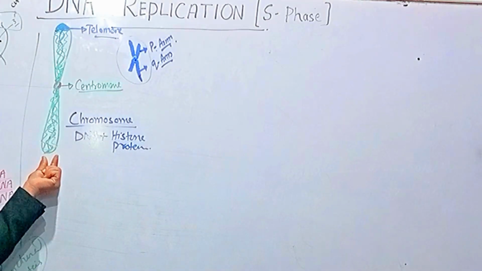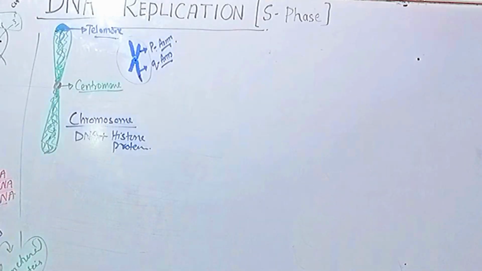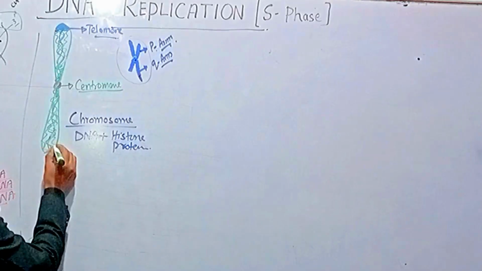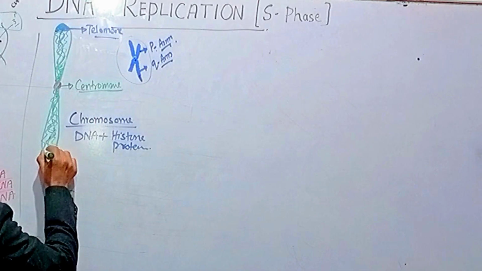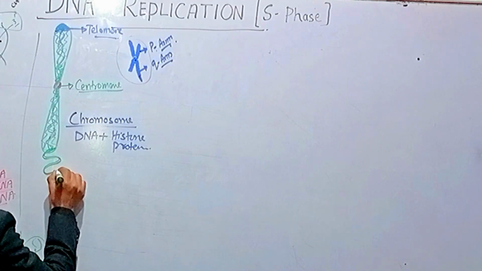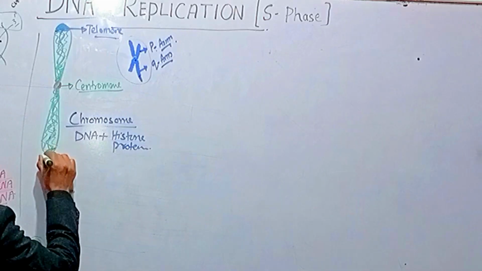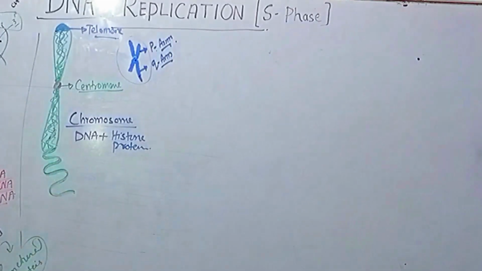We will zoom into this chromosome. When we zoom in, we will see that this chromosome is made up of fibers. For example, this is the fiber out from this chromosome.